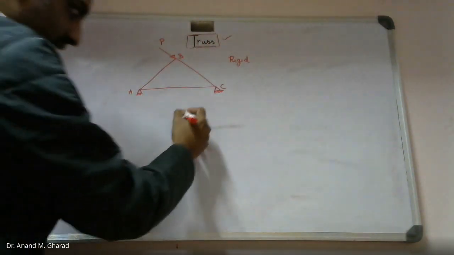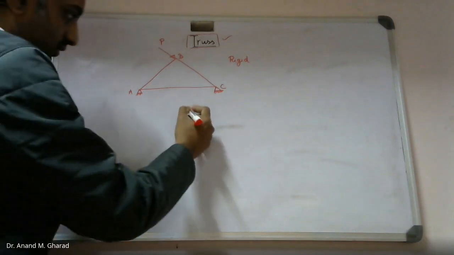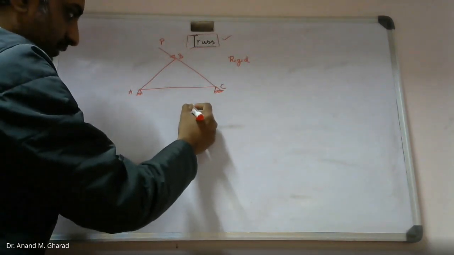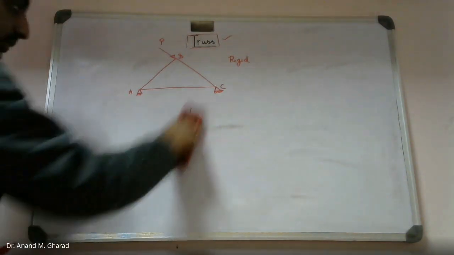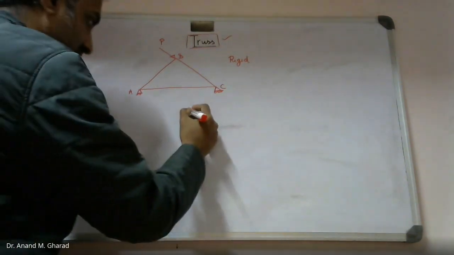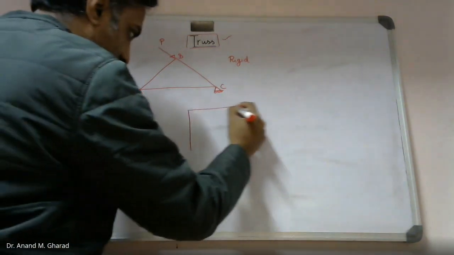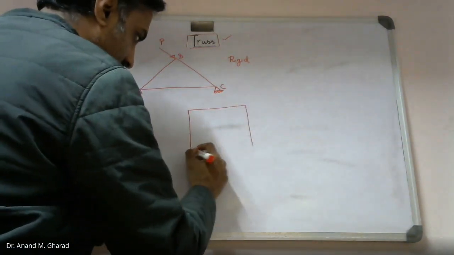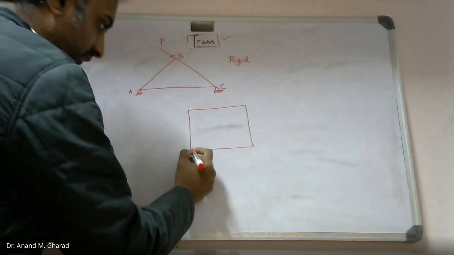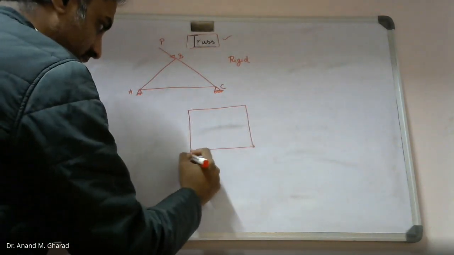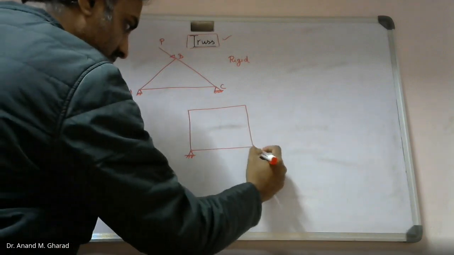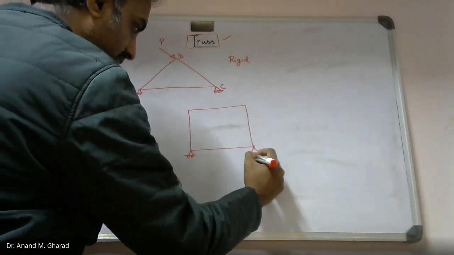There are other forms of structures. For example, if there are four members forming a structure, something like this, again I will connect these two locations with the help of a hinge and a roller.